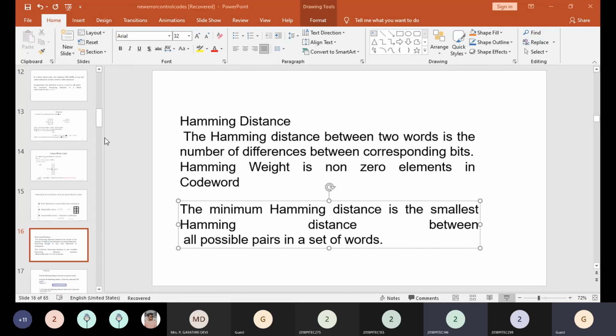So see here, message 1 is written here, message 2 is written here, and code word 1 is written here, 0000111. Then code word 2 is written here. So by employing the linearity property of a code word, please be aware of the properties.